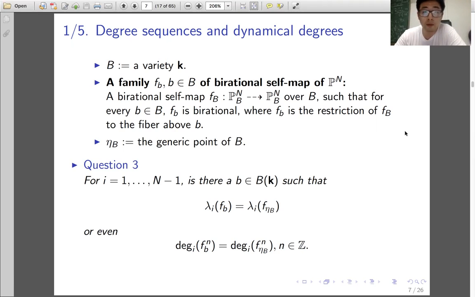So maybe it just means that, for example, if you have a family of birational self-maps, then can you find a closed point such that at this closed point, the degree sequence of this birational self-map equals the degree sequence at the generic point.